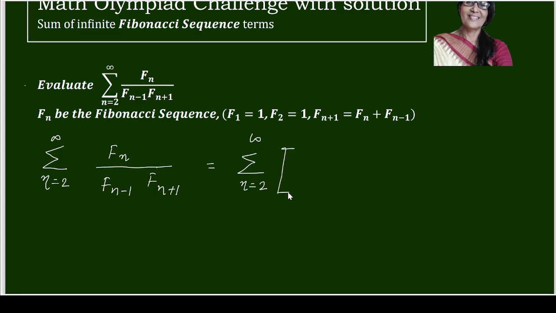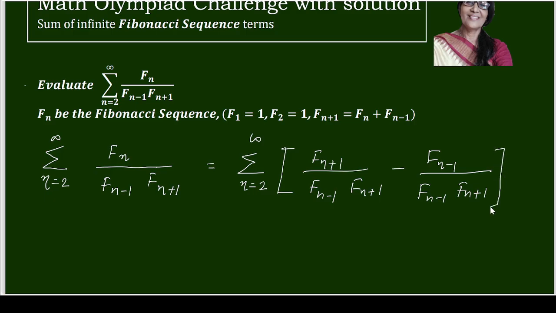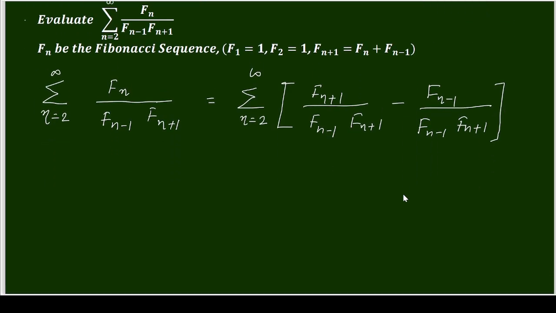It will be fn plus 1 over fn minus 1 into fn plus 1 minus fn minus 1 over fn minus 1 into fn plus 1. Because I'm using this one, f of n plus 1 minus fn minus 1 equals fn.